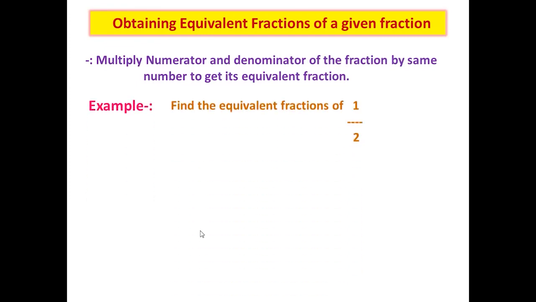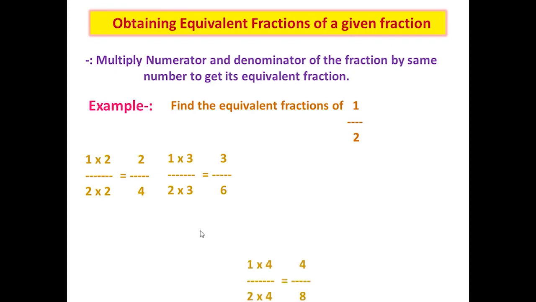Find the equivalent fractions of 1/2. Let us multiply the numerator and the denominator of the fraction by the number 2. So 1 into 2 is equal to 2 and 2 twos are 4. So we get 2/4. Now multiply 1/2 by the number 3. So 1 multiplied by 3 is equal to 3 and 2 multiplied by 3 is equal to 6, which gives 3/6.